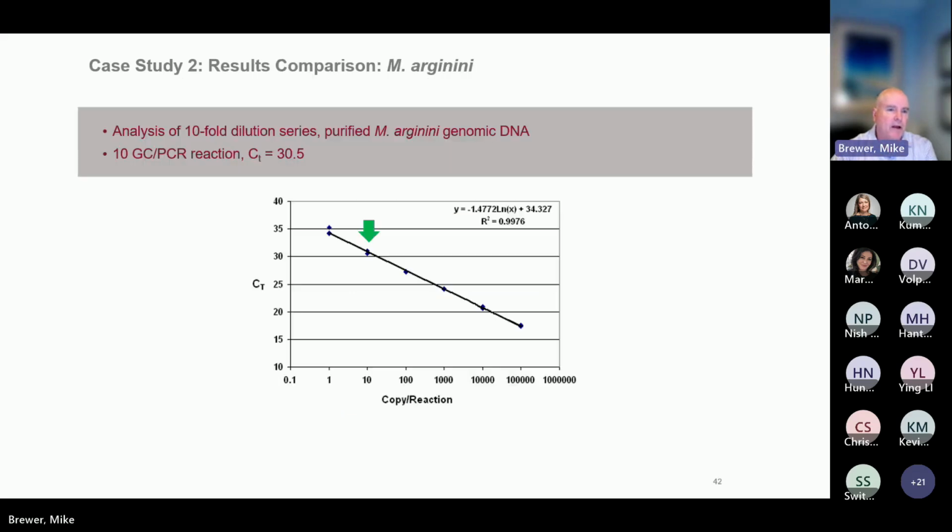And finally, when you look at that CT value on a standard curve prepared by analysis of a dilution series of purified Mycoplasma arginini DNA, what you see here is that the CT of 31 that was reported in these validation studies is very, very consistent with the CT of 31 that you would expect for 10 copies per reaction.